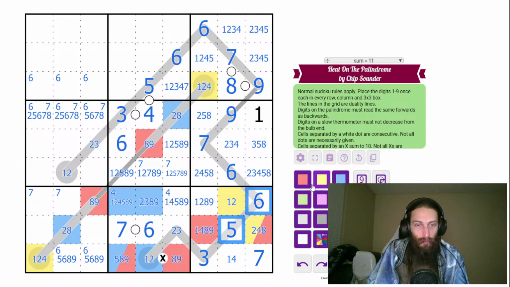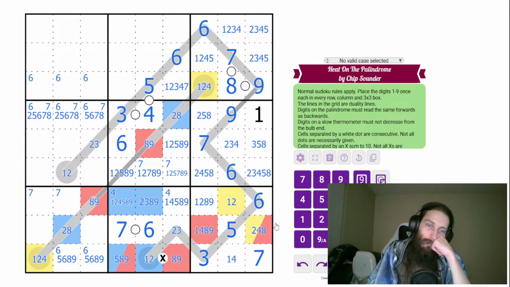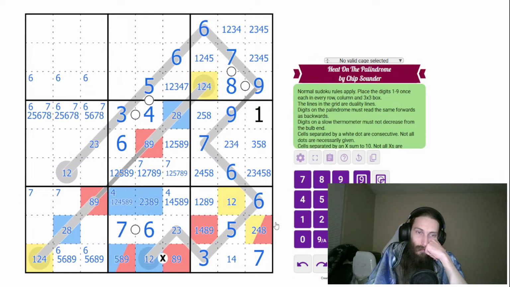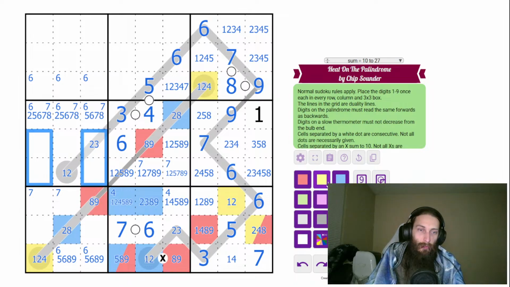Yellow can't be 5 or 6. Well, blue has to be one of those 2.